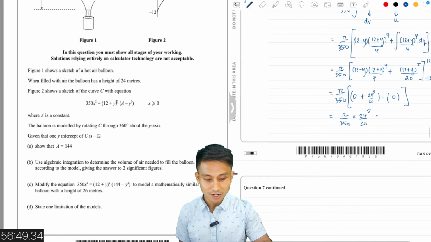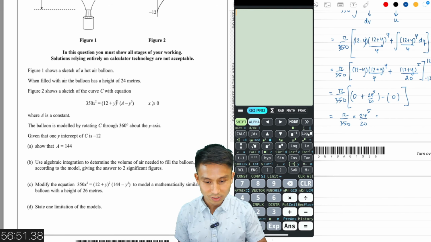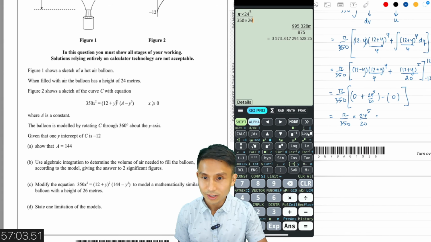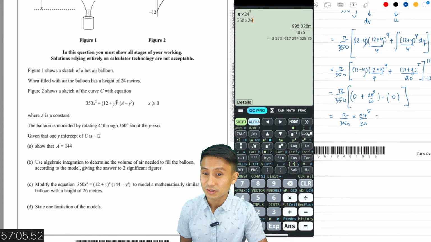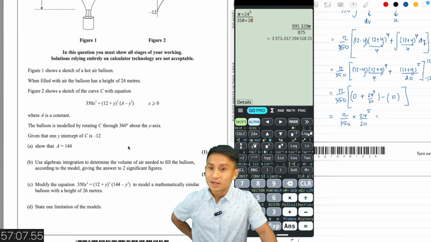Let's use a calculator for that. I probably don't want to do mental math on that one. Pi times 24 to the power of 5, and then 350 times 20. Okay, so 2 significant figures. That's huge.